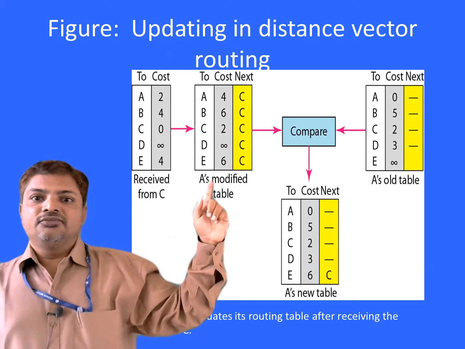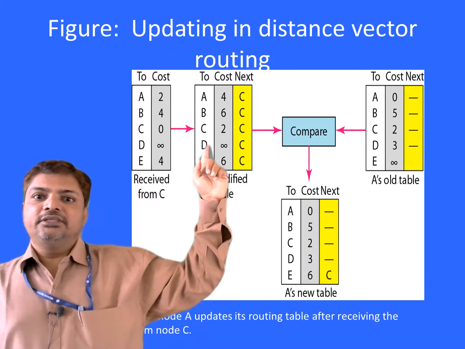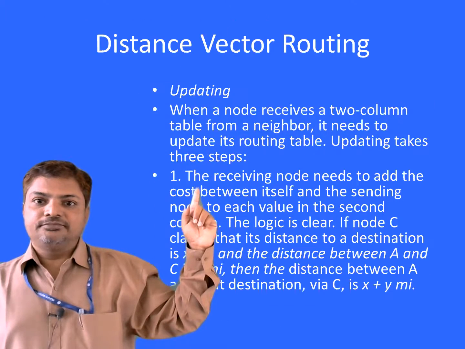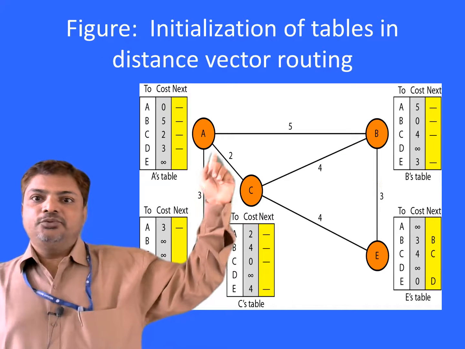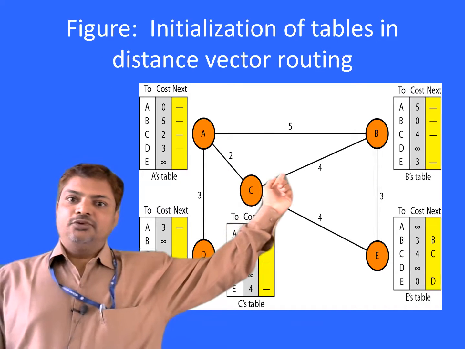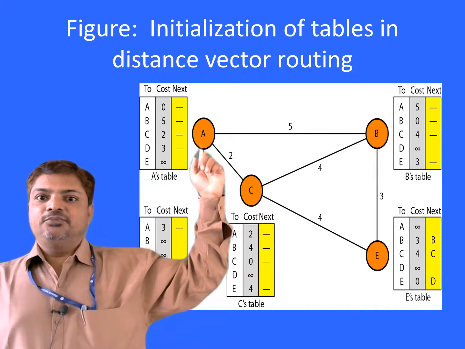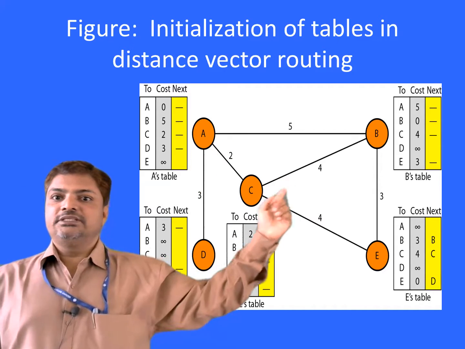Now the cost from A to B through C is 2 plus 4, which is 6.